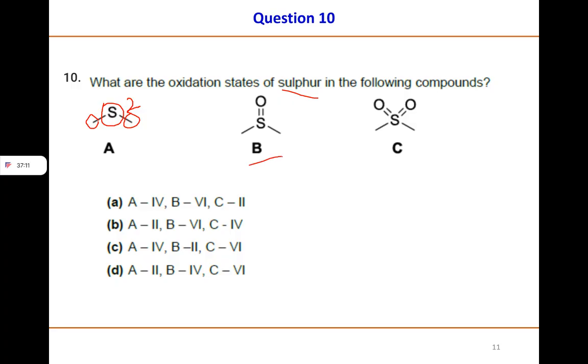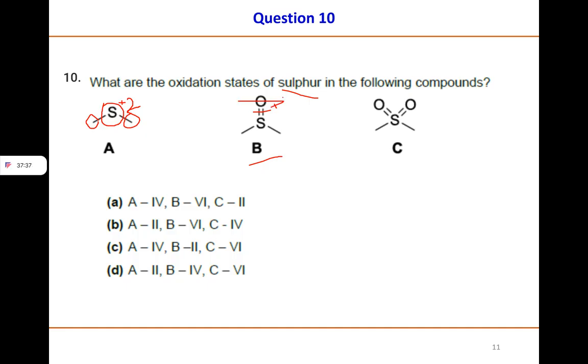In case of B, all of you know that oxygen is sharing two electrons to form the bond because a double bond is here, right? Because of this double bond, the oxidation state will become plus 2 from this side.